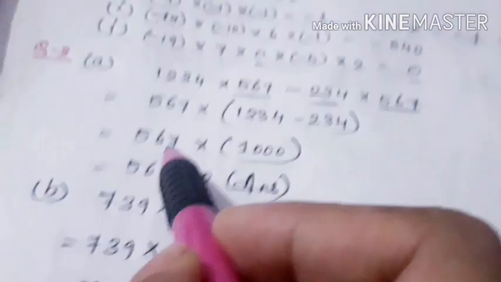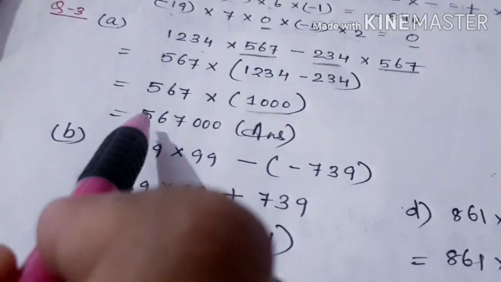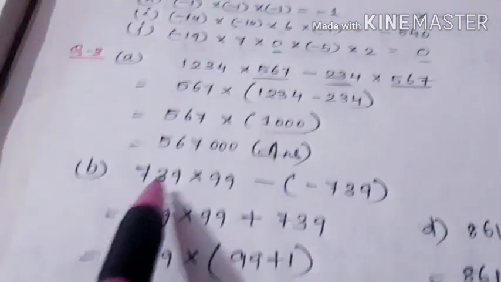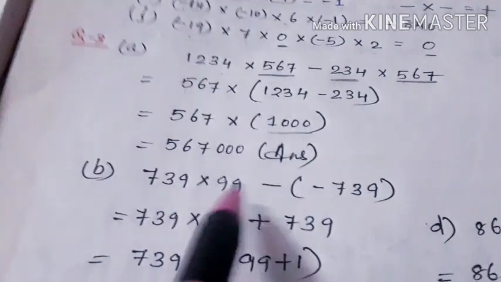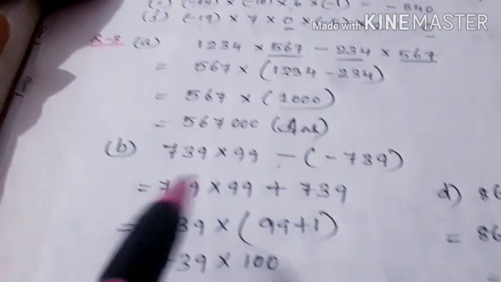Then 567 into 1000 is equal to 5,67,000.